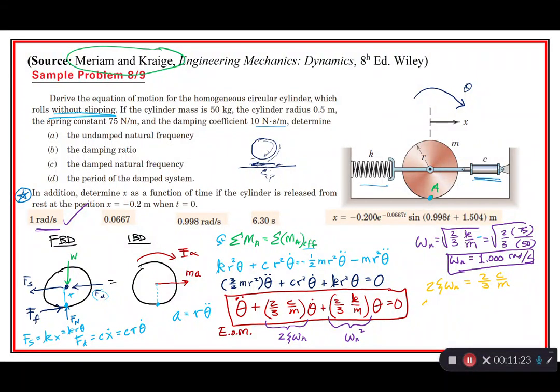So I wrote that what we have is zeta equals 1/3 c over m over the natural frequency. 1/3, our c is 10, our m is 50, and our natural frequency is 1. So our damping ratio, which is one of the questions, is 0.06667, which was one of our questions.